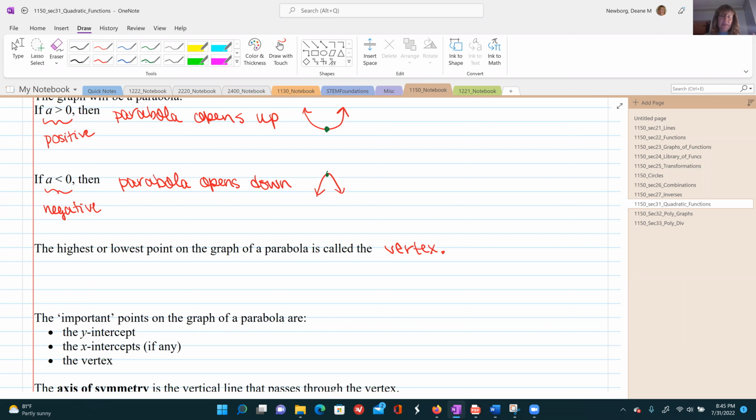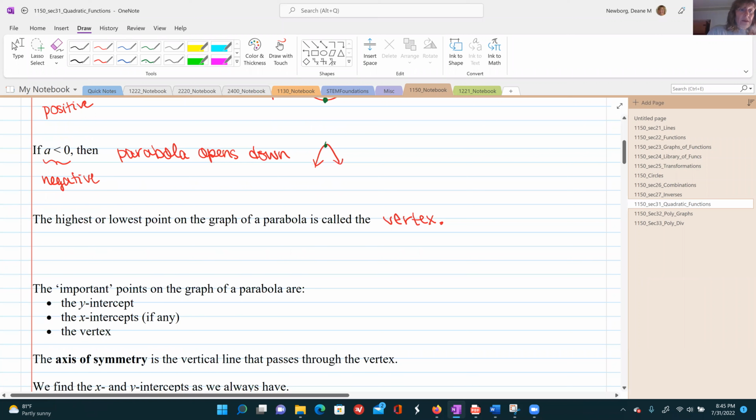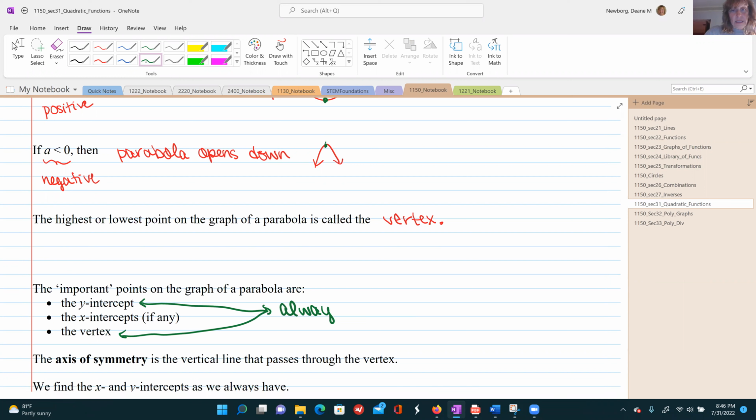The x-intercepts, if there are any, it is possible that a parabola will not have any x-intercepts. And the vertex. So the y-intercept and the vertex, it always has these. It may not have x-intercepts.